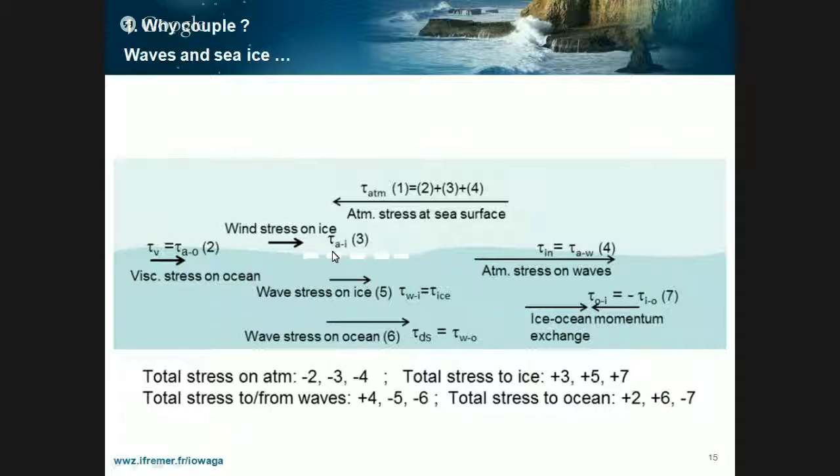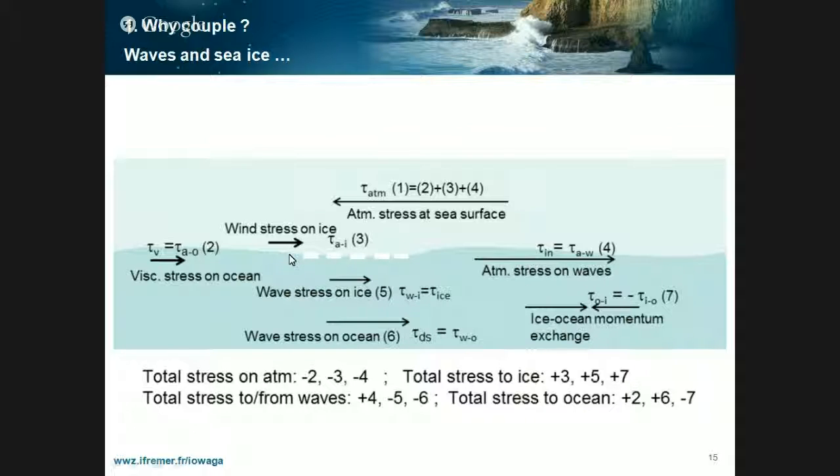But then when you have ice, you also have wind blowing on the ice. And if you're working in the marginal ice zone, it's only ice floes, only part of the sea surface covered by ice. So the stress that goes to the ocean, there's that you have to remove, but then you need to add the stress which is coming from the wave dissipation, which is this one.